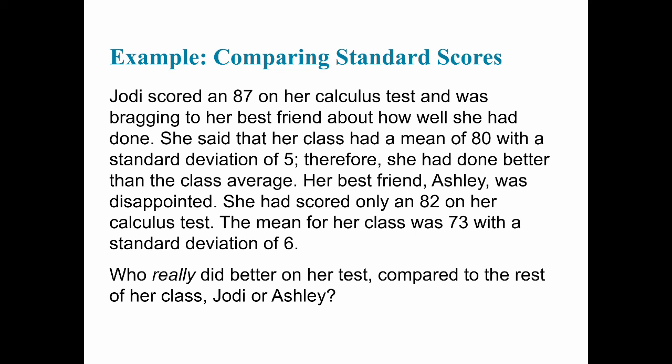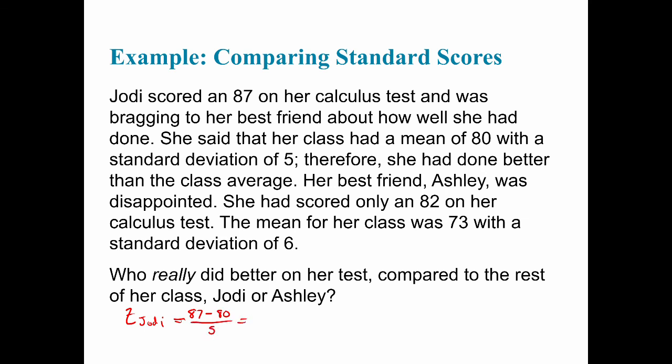To be able to compare these two, we want to calculate their z-scores. If we calculate the z-score for Jody first, Jody's z-score is going to equal her score on the test, an 87, minus her class's mean of 80, divided by the standard deviation of 5.